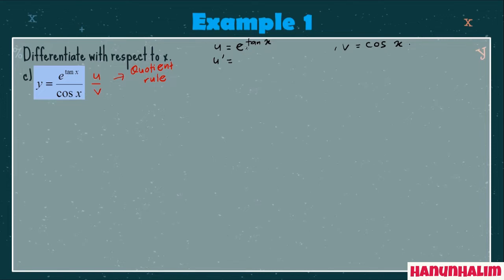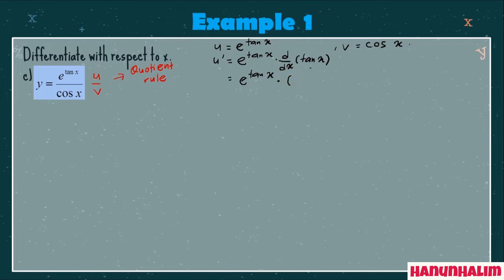Jadi bila kita ada satu term untuk exponential, kita differentiate exponential. Nak differentiate exponential, salin balik e tangent x darab dengan d dx tangent x. And then kita simplify, kita akan dapat e tangent x times differentiate tangent x.